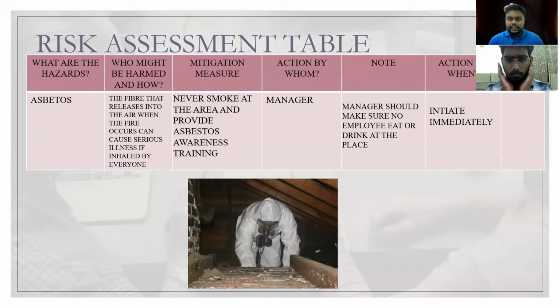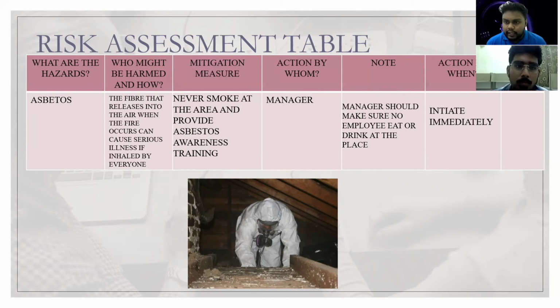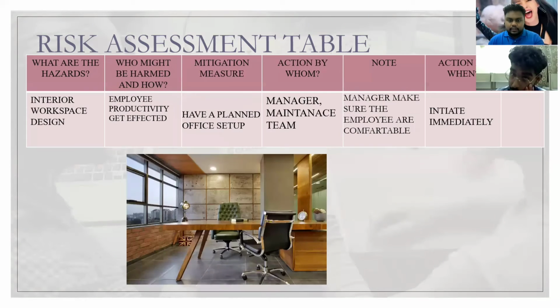The mitigation measure is to never smoke in the area and provide asbestos awareness training. The action is taken by the manager. The note is the manager should make sure no employee eats or drinks at the place. We need to make sure the asbestos is kept far from the place where everyone eats. The action needs to be taken immediately because this is safety. Safety of employees is very important.